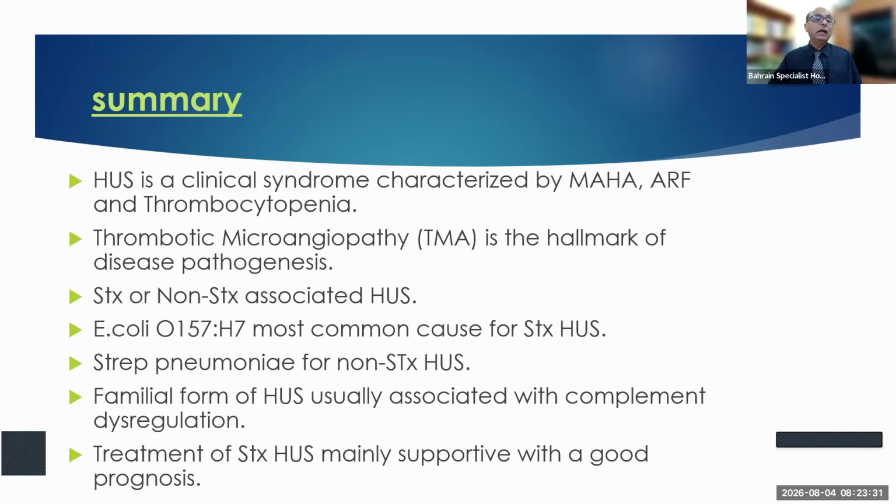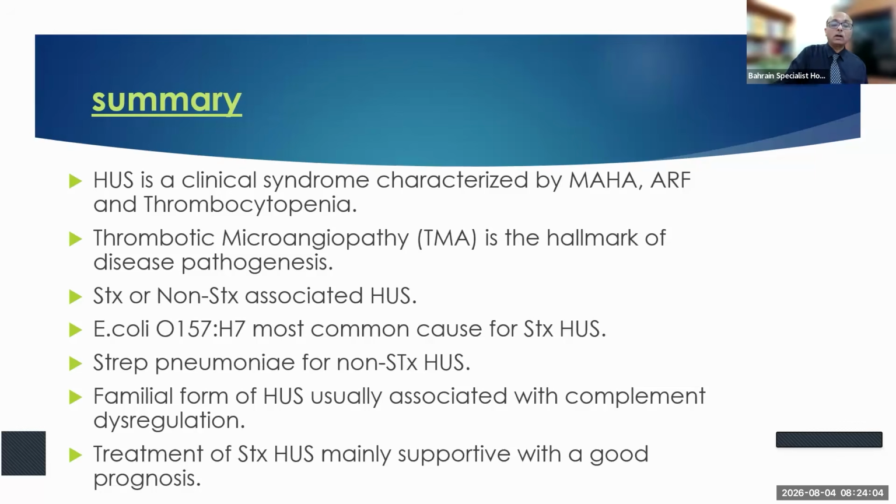In summary, hemolytic uremic syndrome is a clinical syndrome characterized by microangiopathic hemolytic anemia with acute renal failure and thrombocytopenia. Thrombotic microangiopathy is a hallmark of disease pathogenesis. It can be STEC-associated or non-STEC HUS, infective or non-infective. E. coli O157 is the most common cause of STEC HUS, Shiga toxin-producing E. coli.